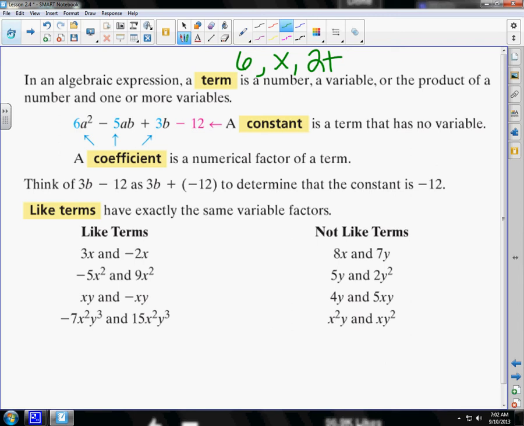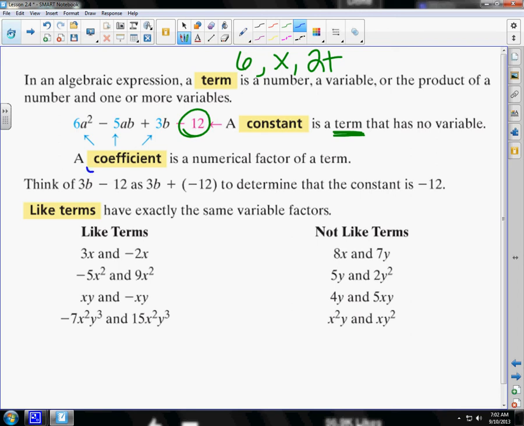All right, so a constant is a term that has no variable. So 12, it's a term. See how it says it's a term? But it also has no variable, so they call it a constant. So they divide these terms up into different categories. And then a coefficient is a numerical factor of a term.